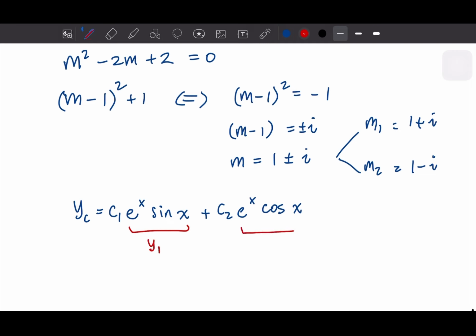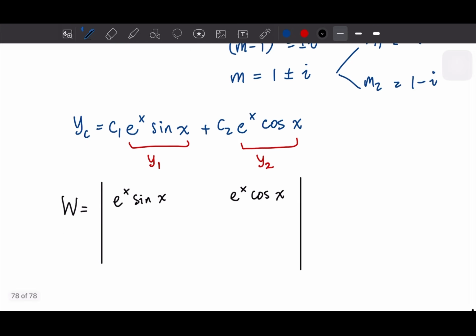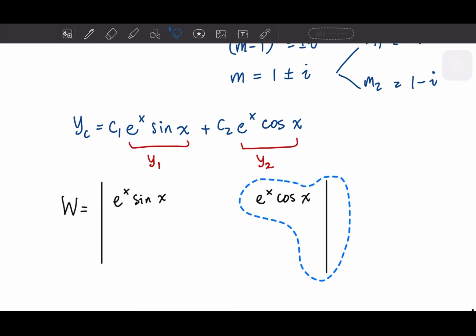Now we have y1 and y2. From this proposed y1 and y2, we can form the Wronskian to apply variation of parameters. We take these two as our Wronskian determinant, writing y1 here and y2 over here. The next row is the derivative of these two.